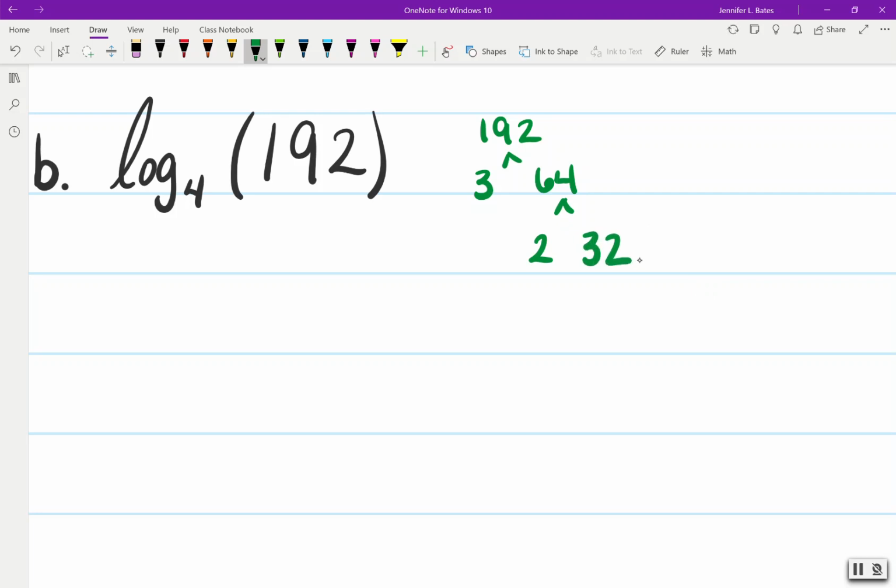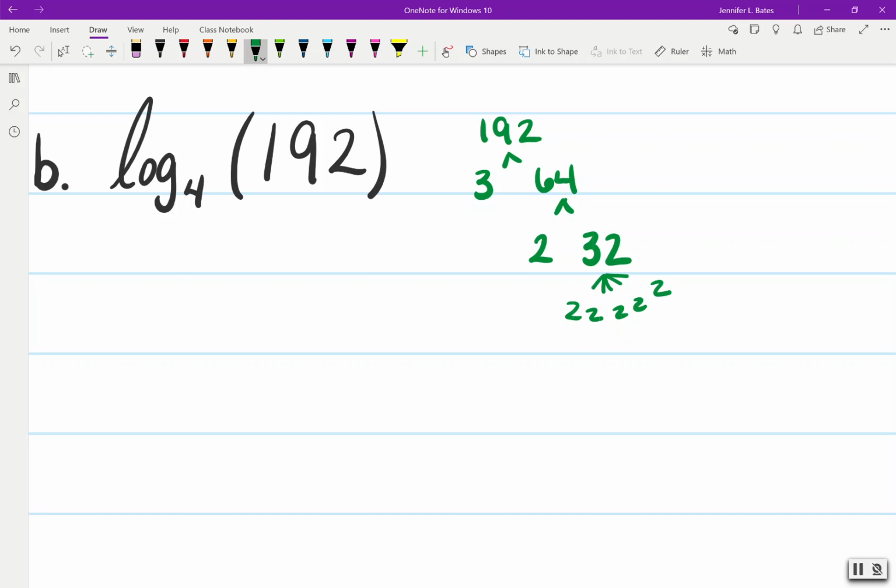And then what did we just say that 32 is? 32 is 2 to the how many? Good, 5. So we said 32 was 2 to the 5. So we already know 32 breaks down into 5 2's.